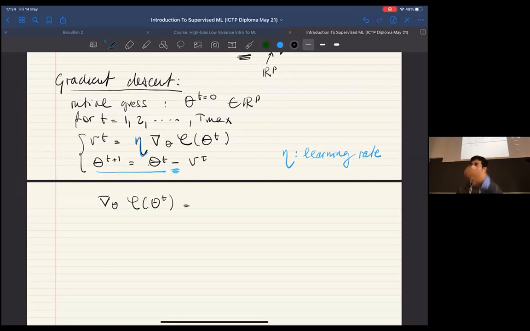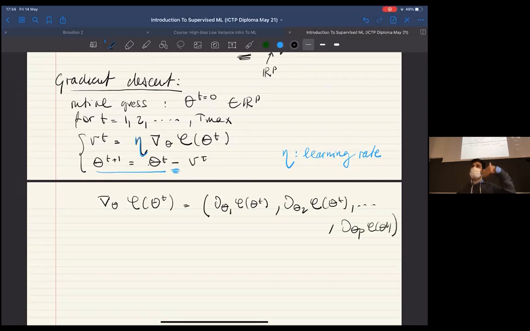The gradient takes a real valued function which takes as input a vector, and outputs a vector composed of the partial derivative with respect to theta 1 of this cost evaluated at theta t, theta 2 evaluated at theta t. It is the vector of partial derivatives.